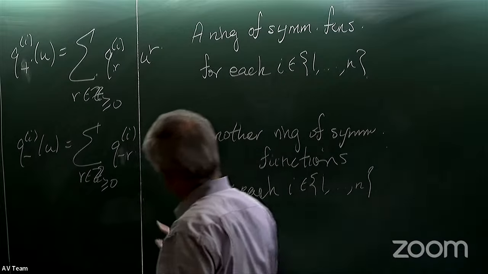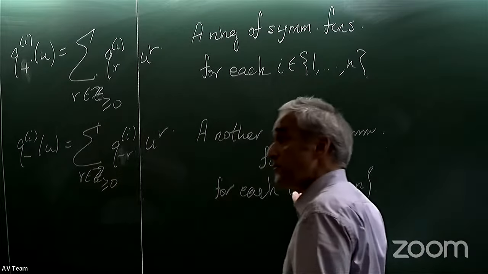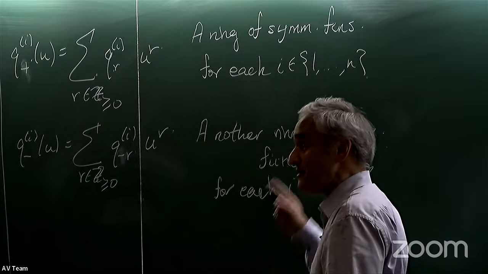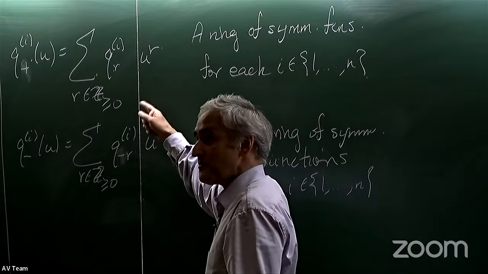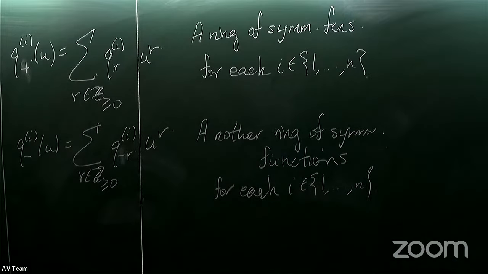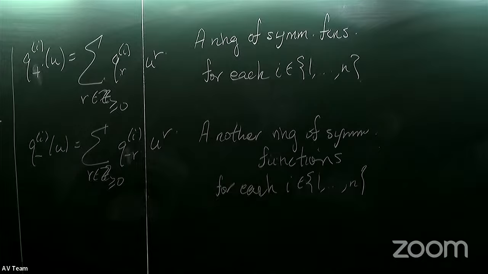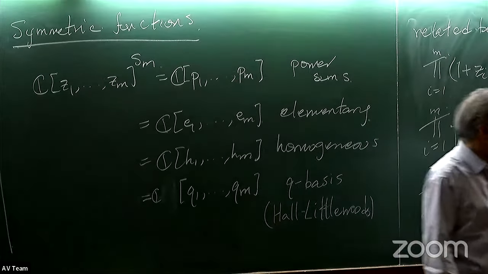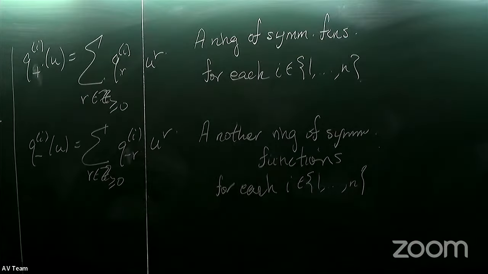So think about it as there are n different sets of variables and n different rings of symmetric functions. So here I had one set of variables, and this was the ring of symmetric functions. And there I have n different sets of variables. And the other thing that we are doing is taking symmetric functions in an infinite number of variables.